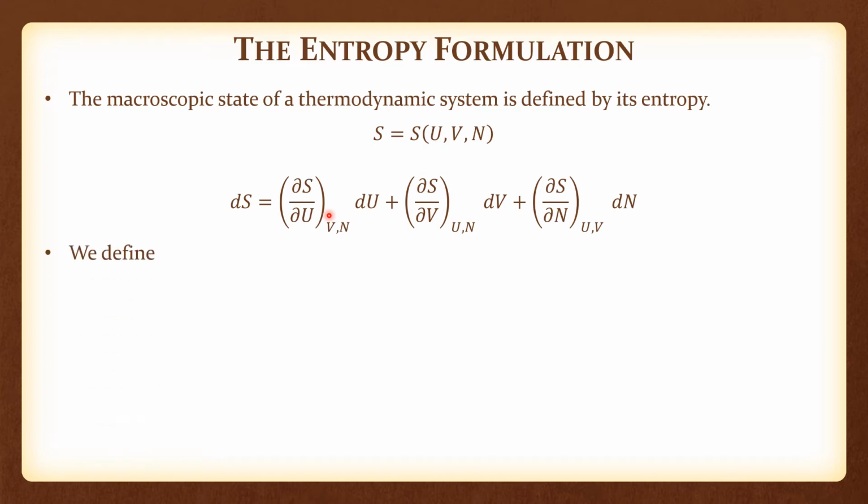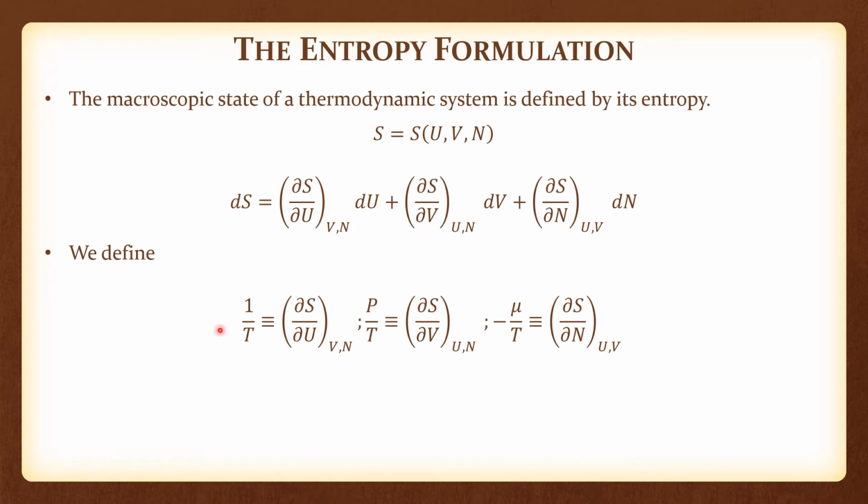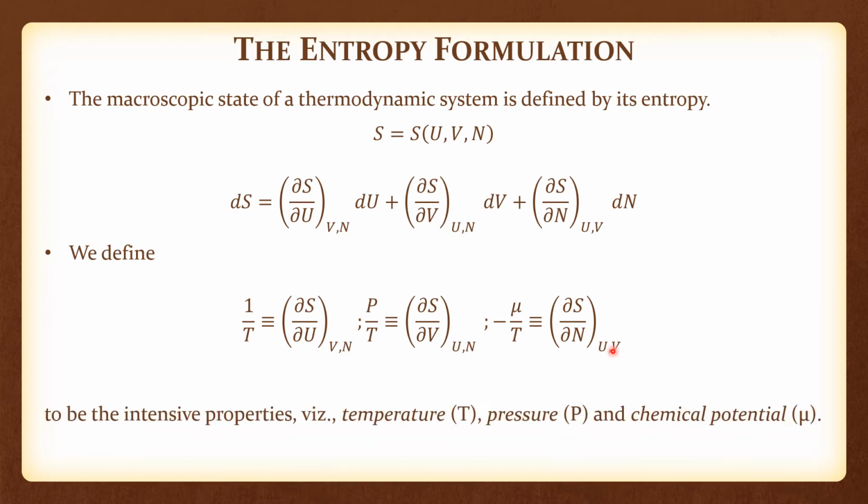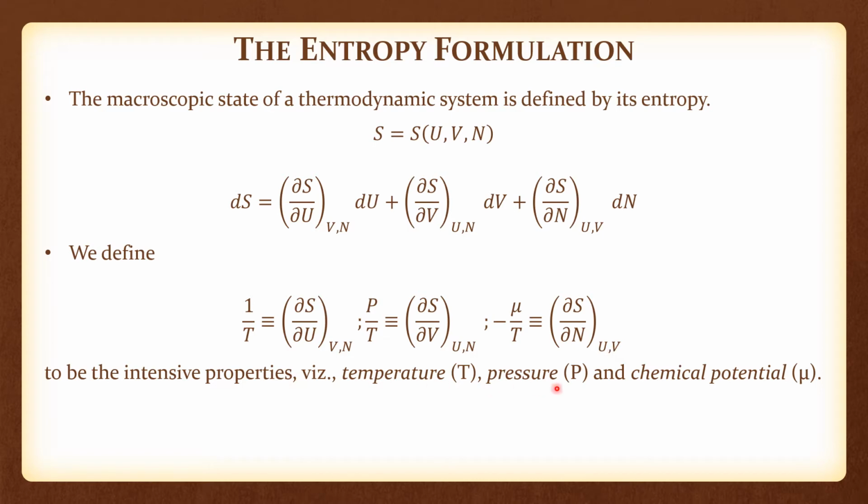Now we further assign 1 over T, the inverse of temperature, to be dou S dou U at constant V, N, which means temperature would be dou U dou S at constant V, N. And we assign P over T, pressure over temperature, to be dou S dou V at constant U, N, and we assign, with a negative sign, mu over T, the chemical potential over temperature, to be dou S dou N at constant U, V. We just give these variables names, and using this we define the three intensive properties.